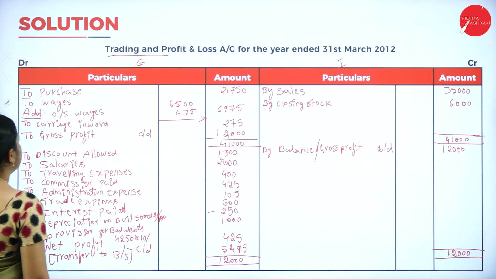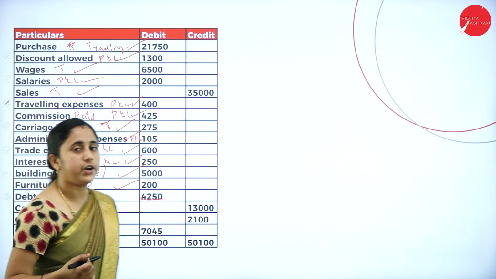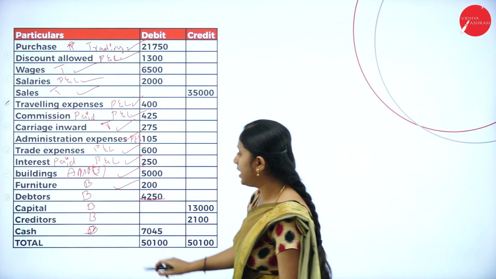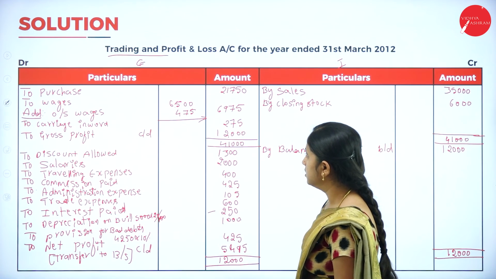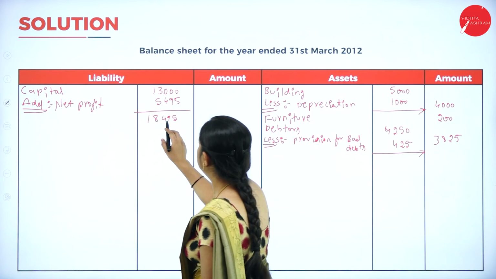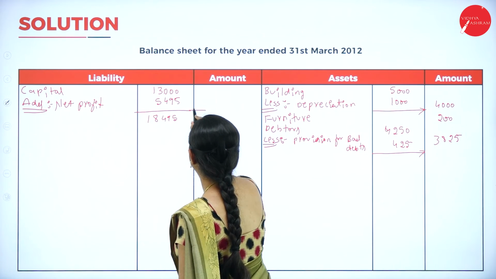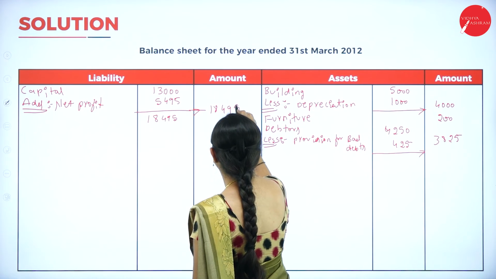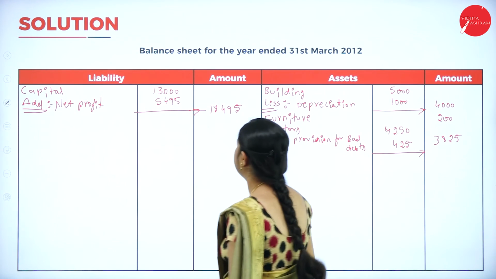So 18,495. Then find if you have any drawings or income tax. In this problem you don't have any drawings. So write directly in the outer column 18,495.